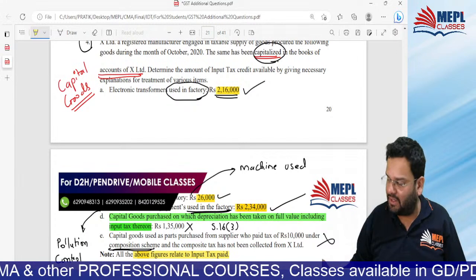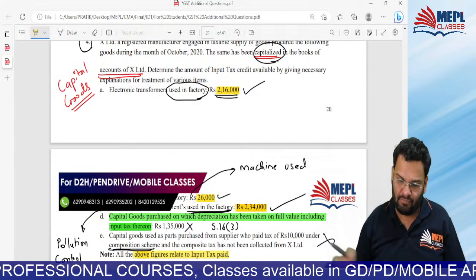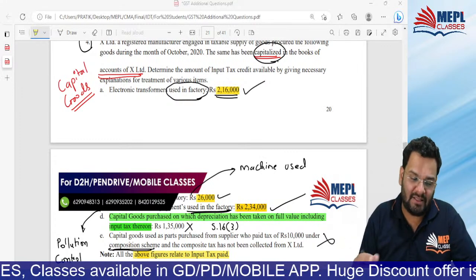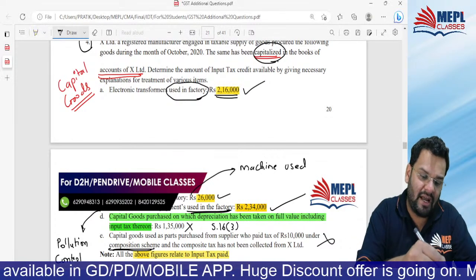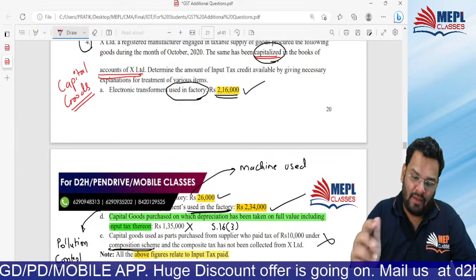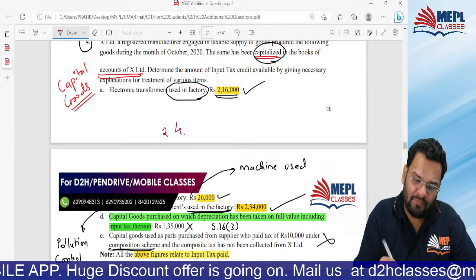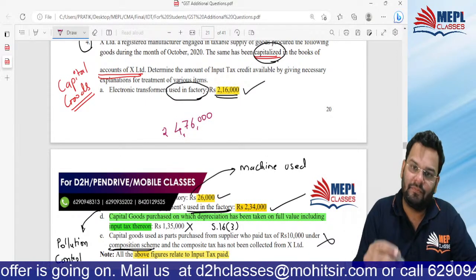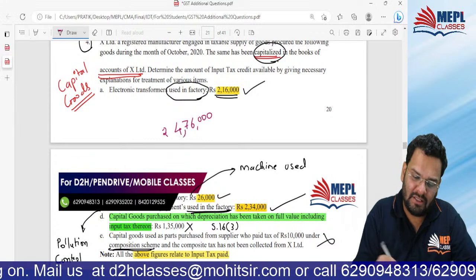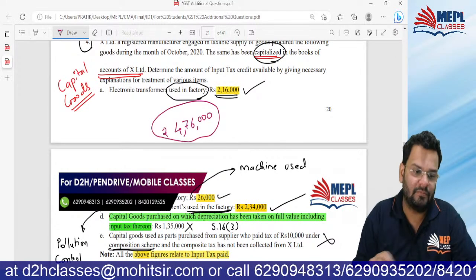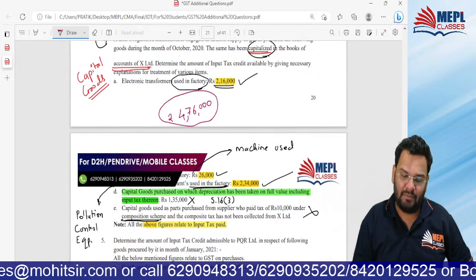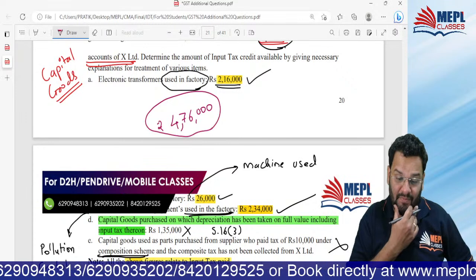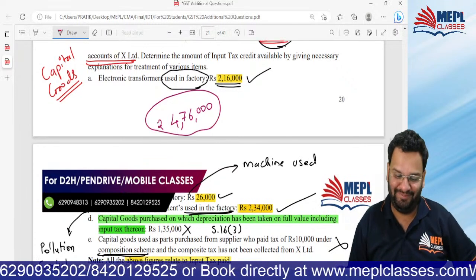Is the figure 4,76,000? Check and let me know. I am getting answer as 4,76,000. Are you getting the same answer? Check and tell me. Yes or no?